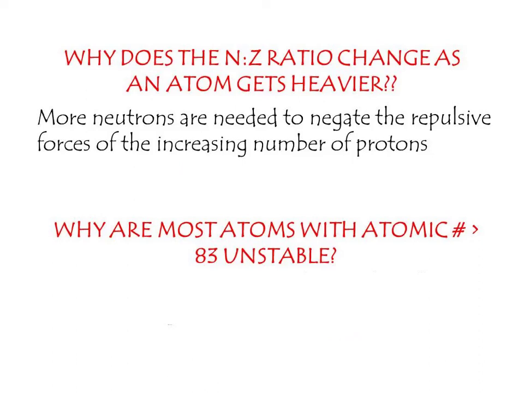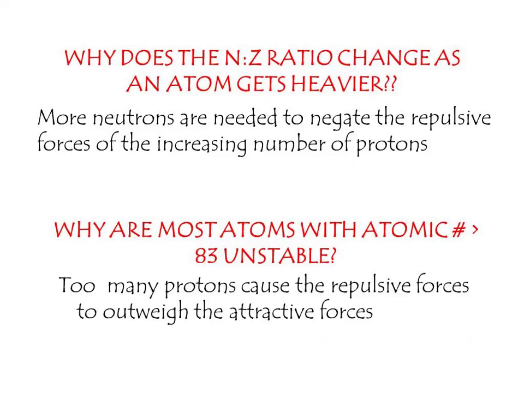So the key question is, why are most atoms with atomic number greater than 83 unstable? Well, at 83, you have a lot of protons, and if you don't have the right number of neutrons to negate it, then it's going to be unstable.